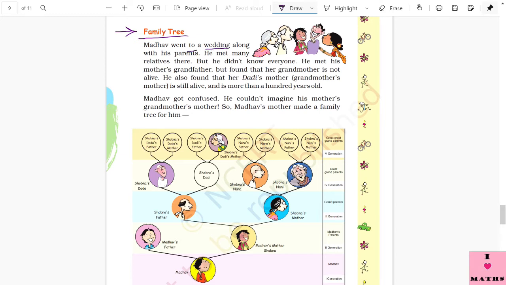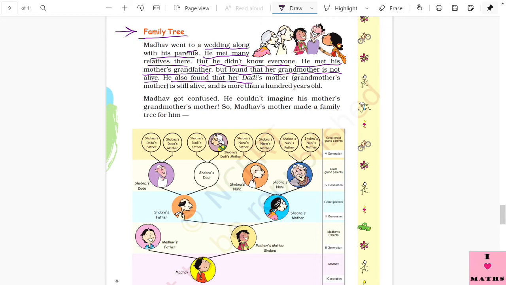Madhav went to a wedding along with his parents. He met many relatives there, but he did not know everyone. He met his mother's grandfather, but found that her grandmother is not alive.